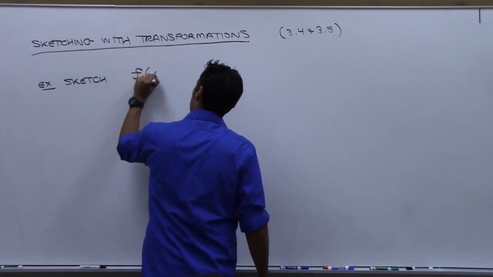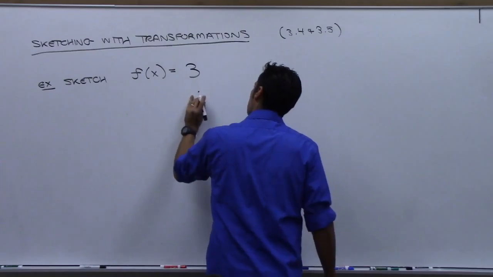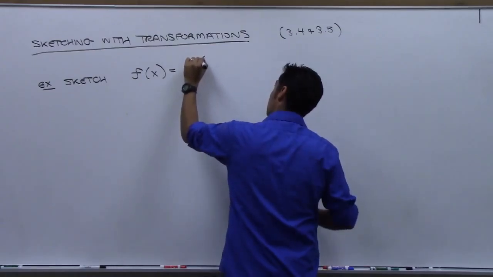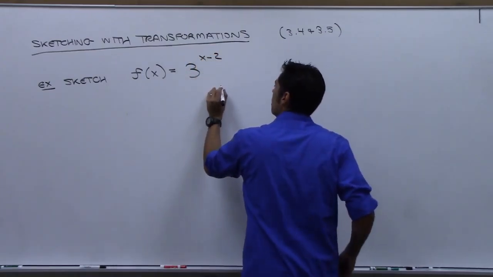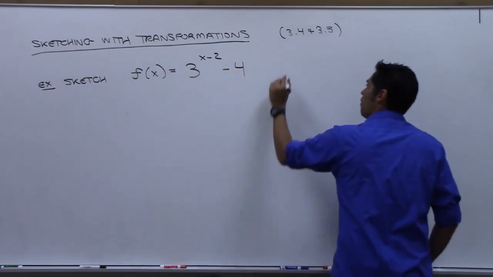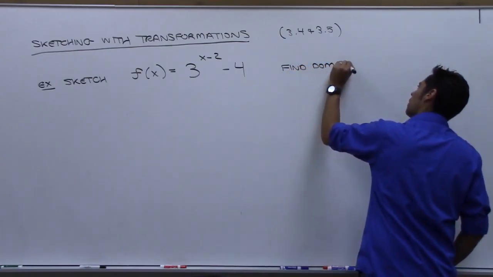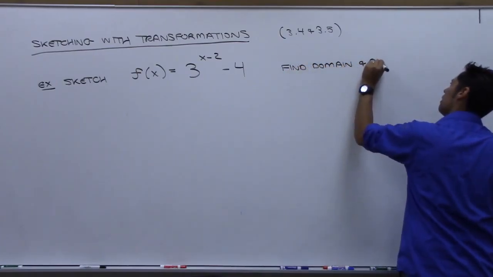So as an example, to start, I want us to sketch f of x equals 3 raised to the x minus 2, minus 4. I want us to find the domain and the range.